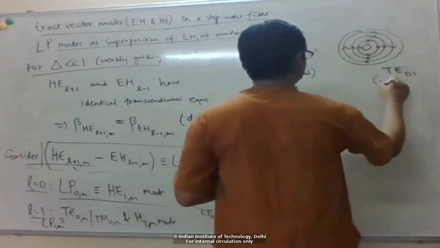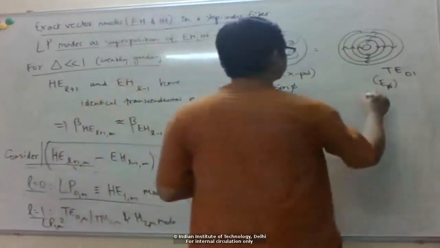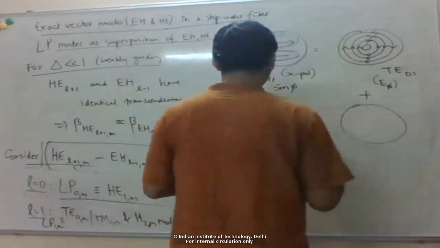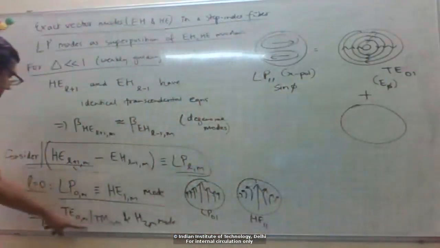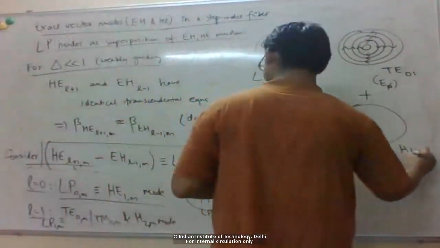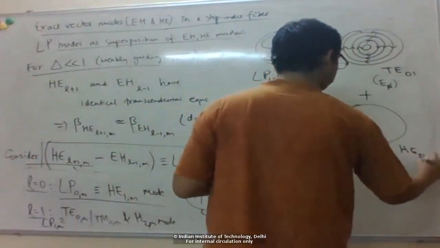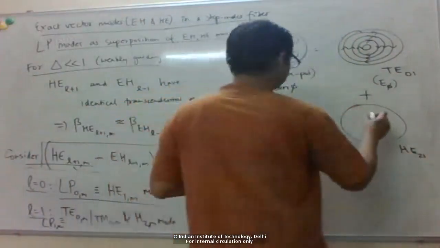Okay, so this is E phi plus, again, TE0M plus HE2M. So that will be HE21, right?